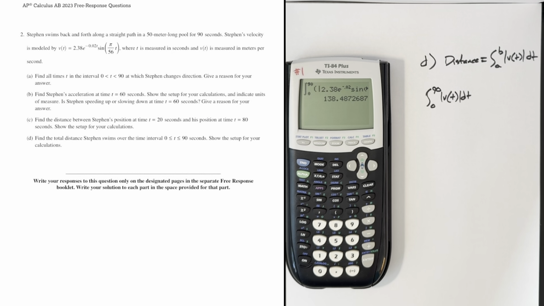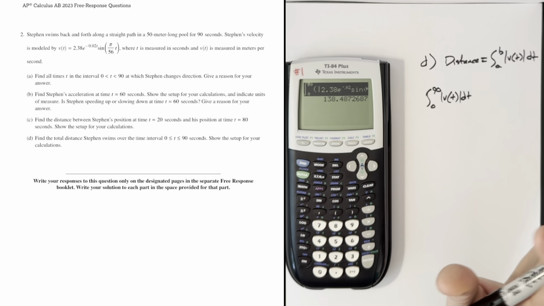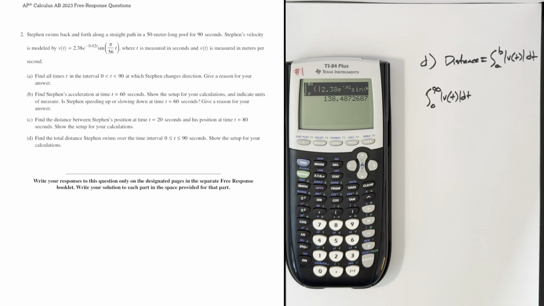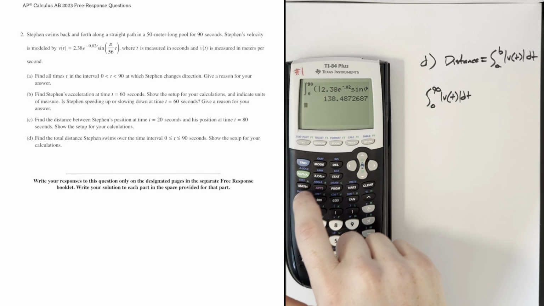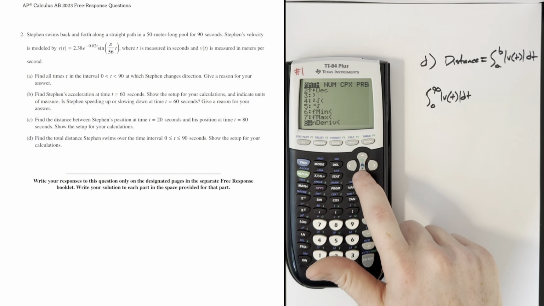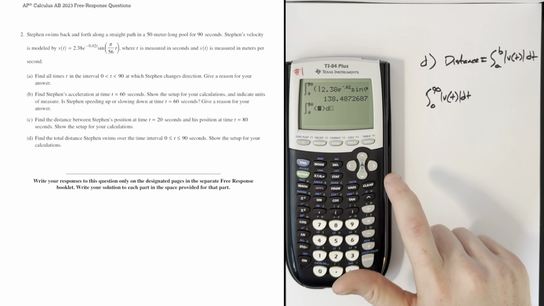Now, I'm looking at their answer. It is not the answer that I got. So I'm wondering if I plugged this in incorrectly. I might have messed it up. So I'm going to do it again. Maybe I typed something in wrong. Let's try it. So we know going back, it's the definite integral from 0 to 90.